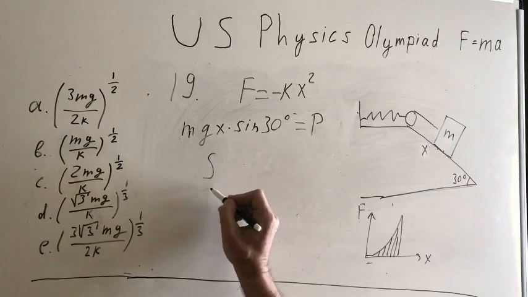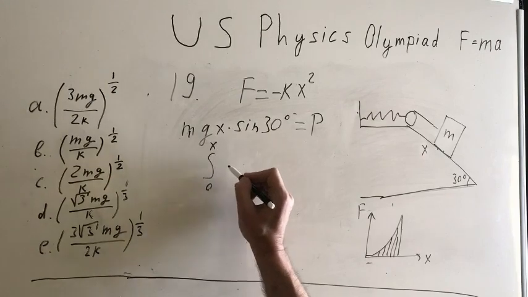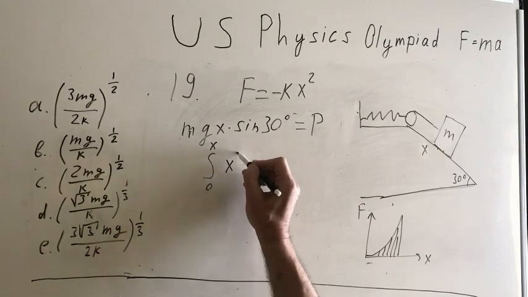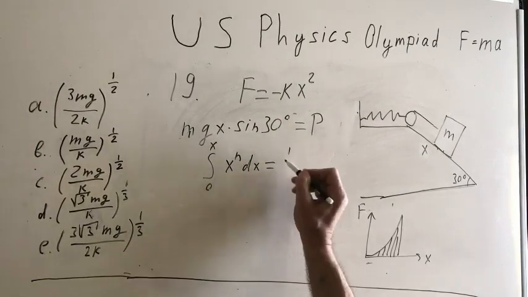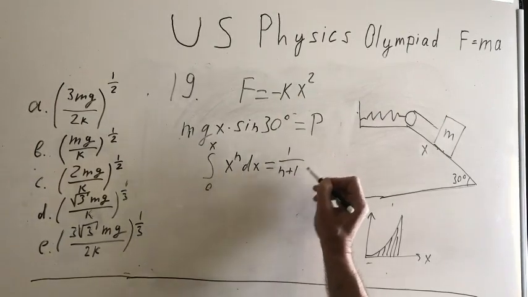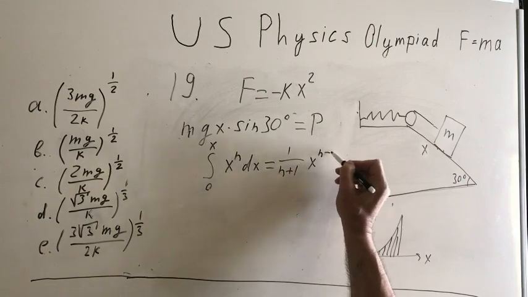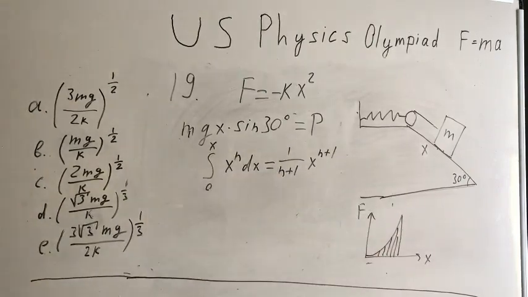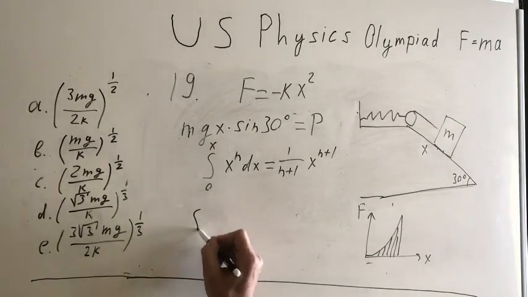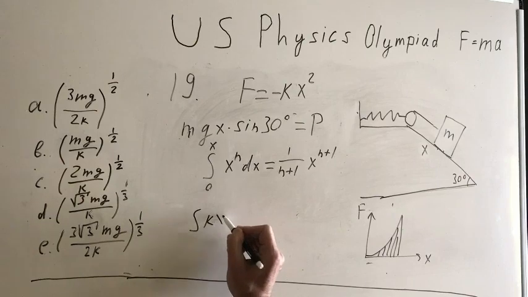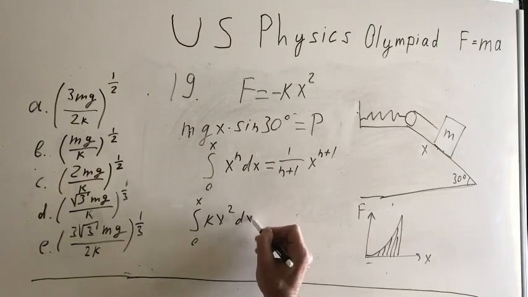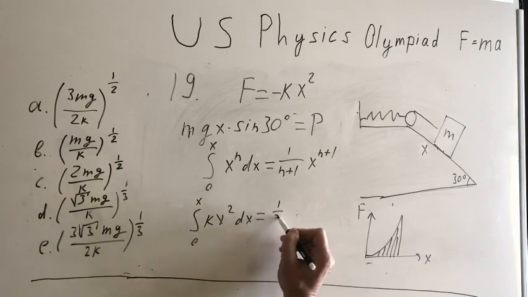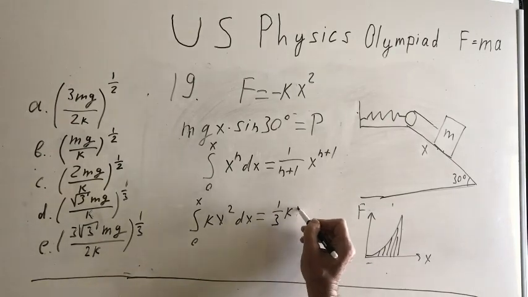If we have a polynomial function like x to the power n dx, the integral will be 1/(n+1) x to the power n+1. In our case n equals 3, so we can say that the integral of kx squared from 0 to x dx is equal to 1/3 kx cubed.